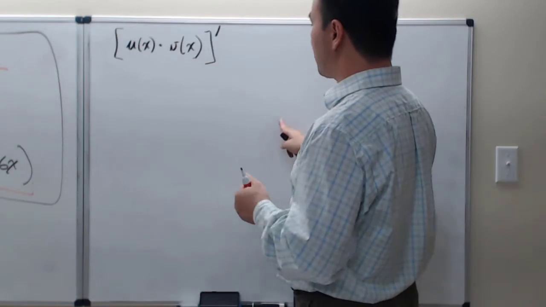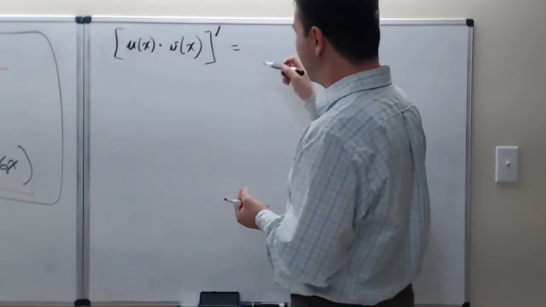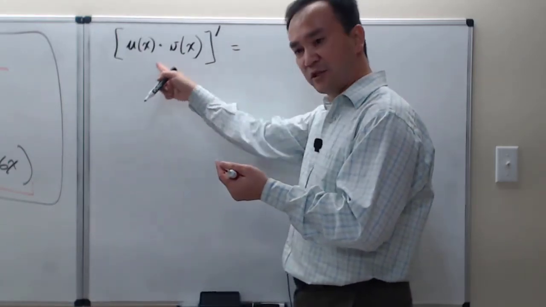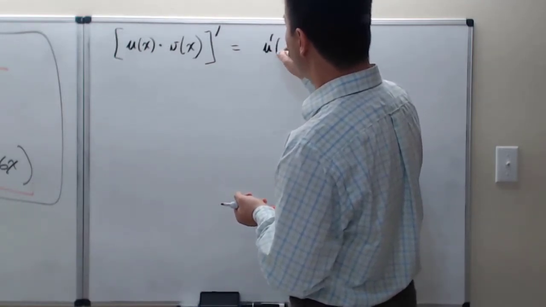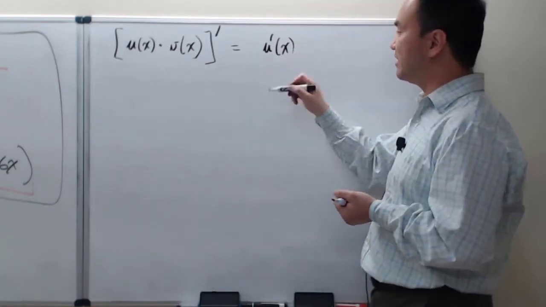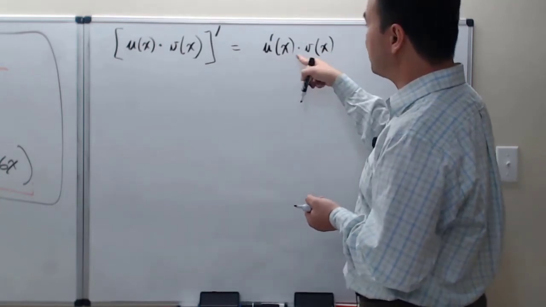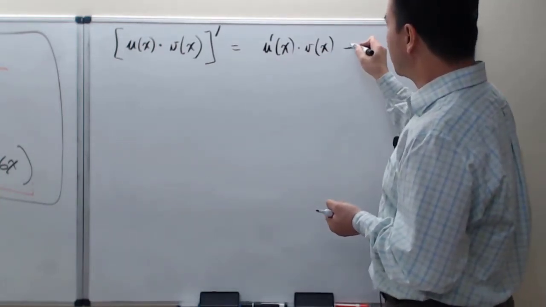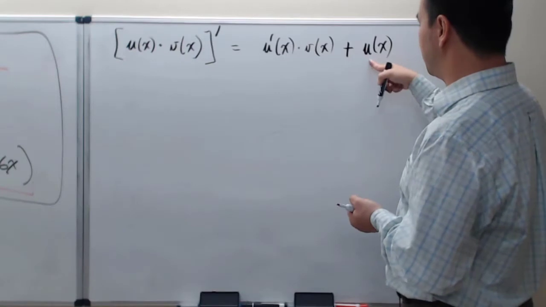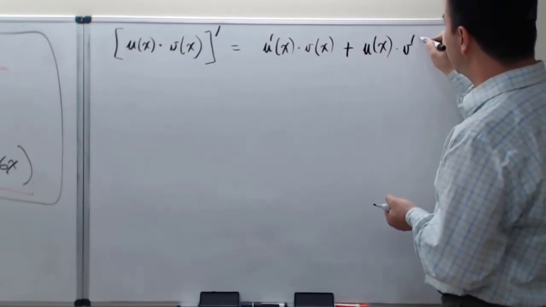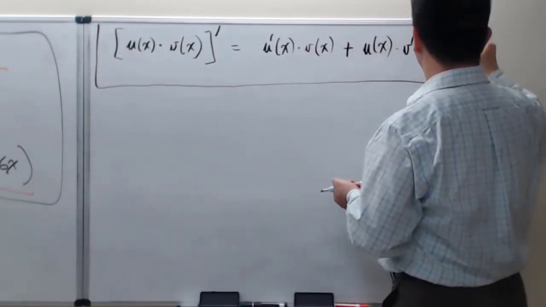So the product rule, the rule to take the derivative directly from a product of two functions, says we first take the derivative of u. That's why I'm producing that u prime right here. Then that derivative of u must be multiplied with v, so u prime times v. But then the product rule says further we need to add u of x, the original u function, multiplied with v prime. And so this is the famous product rule.